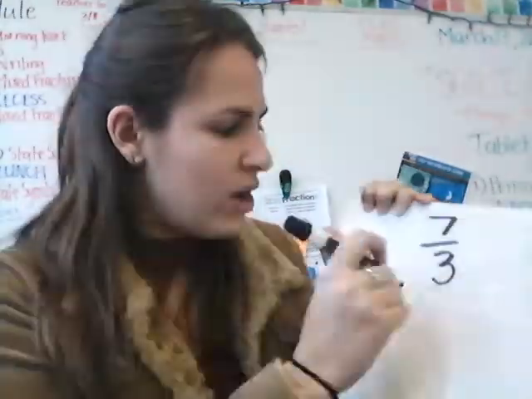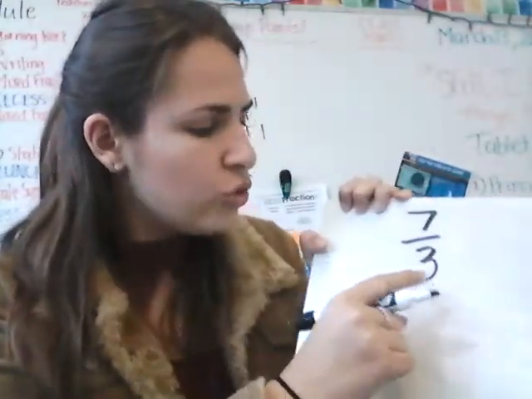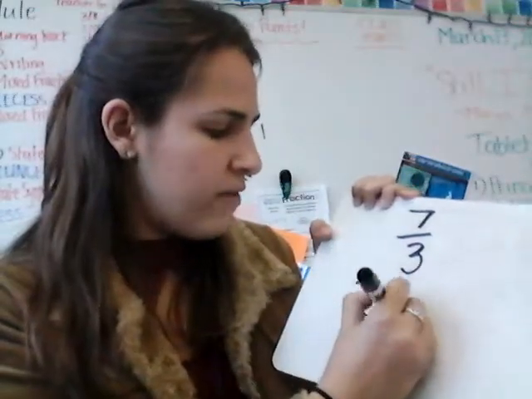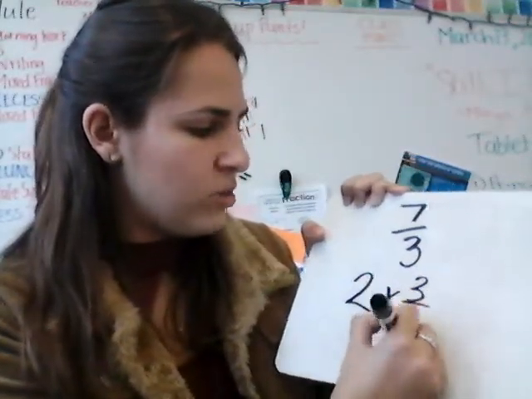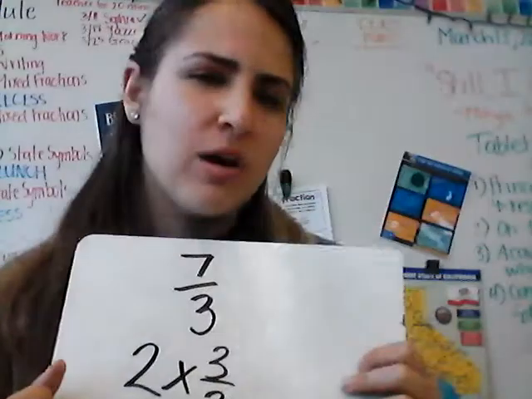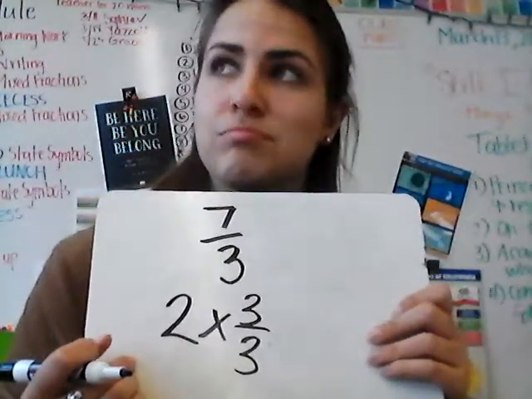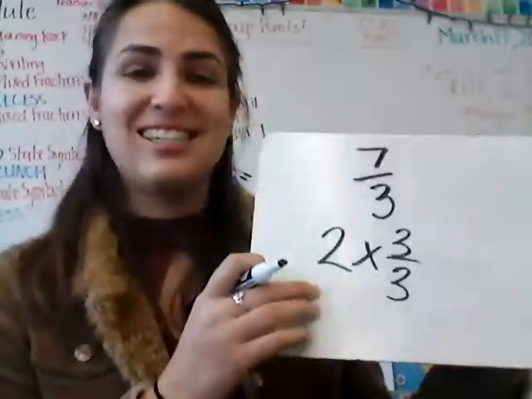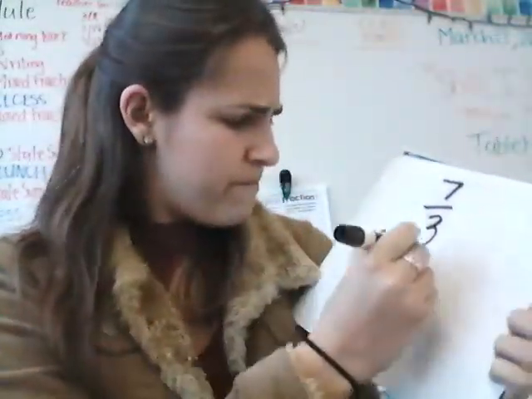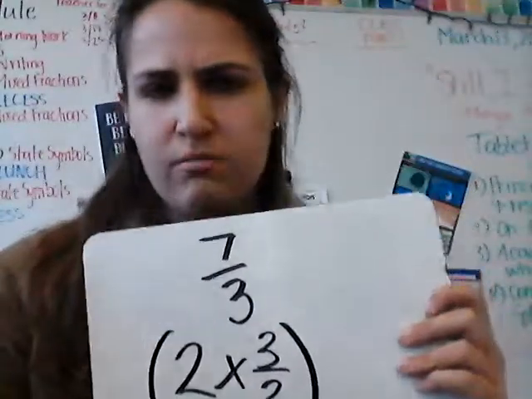If we take out 2 groups of 3/3, we would have 2 times 3/3. Everybody, what would 2 times 3/3 be? You guessed it, 6/3. But we're not going to solve that just right this moment.